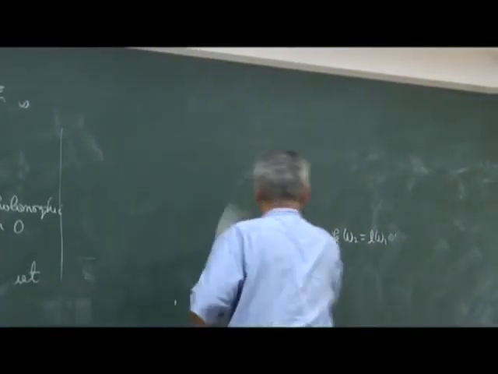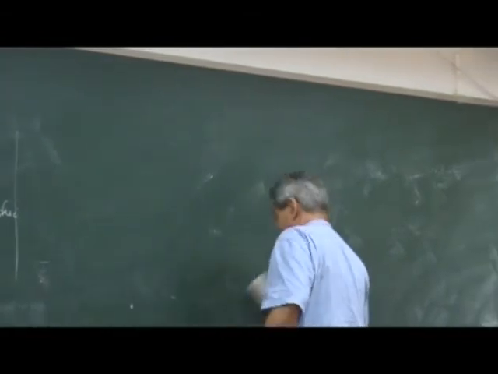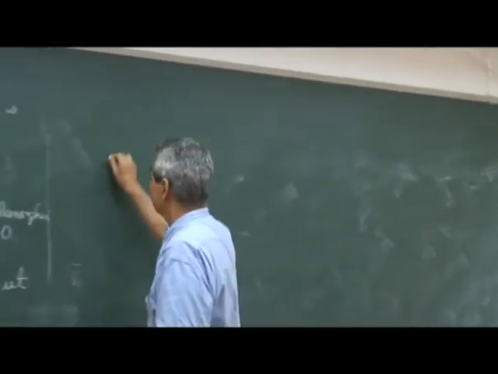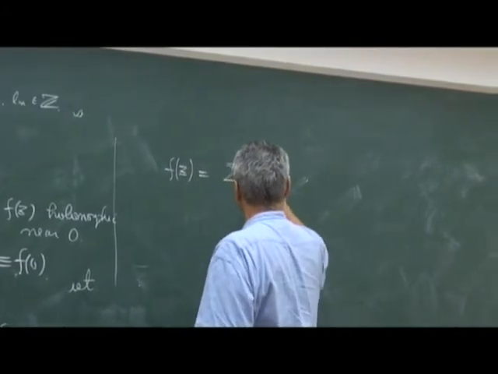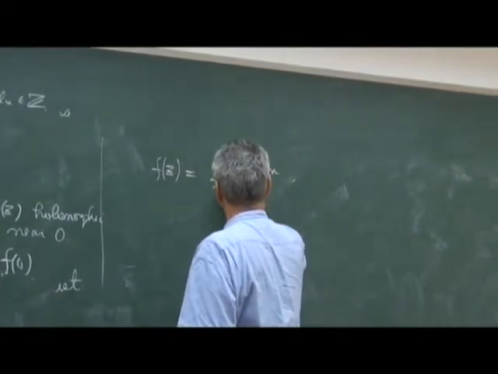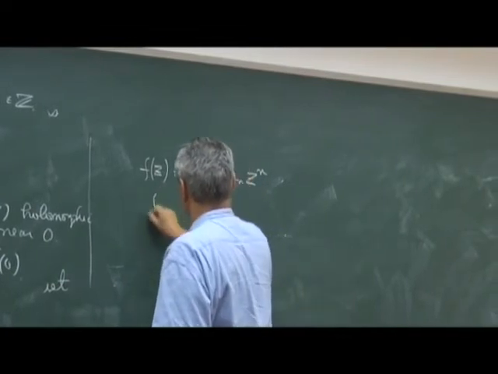I give a not correct proof, but the rough idea is just to use the Taylor expansion. So you have a Taylor expansion here. So f(0) is this.